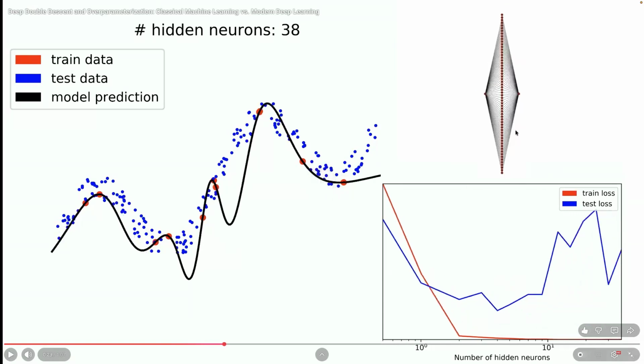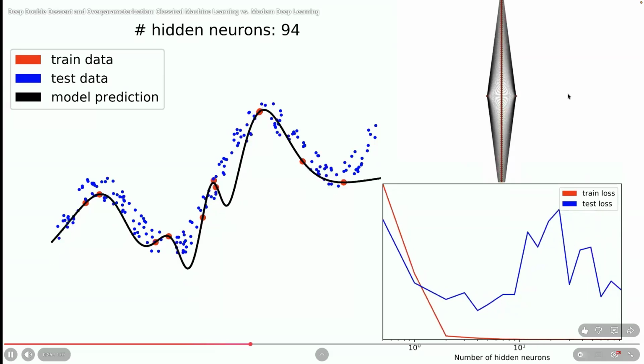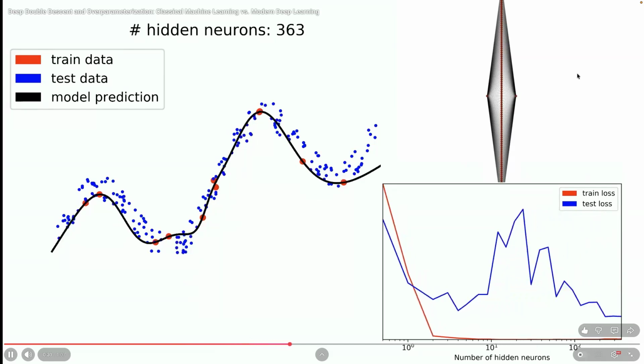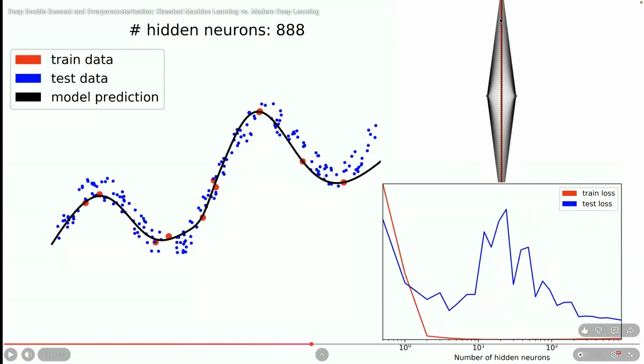Now you can see that you've raised the number of neurons to be really big, maybe 100 or 200 neurons. And you can start to see that maybe there is another descent happening in the test loss, right? So let's continue seeing that. Okay, now we are getting this hidden neuron count to be really large, right?